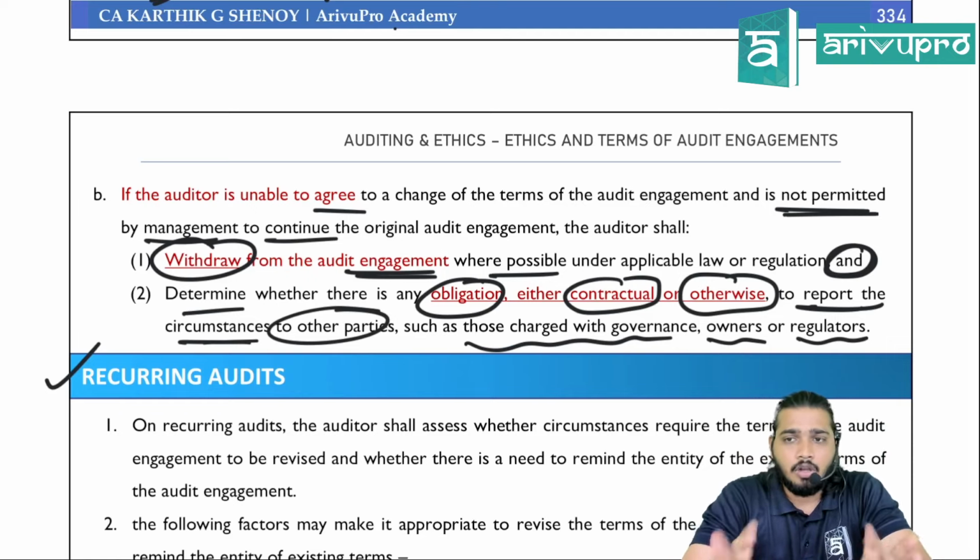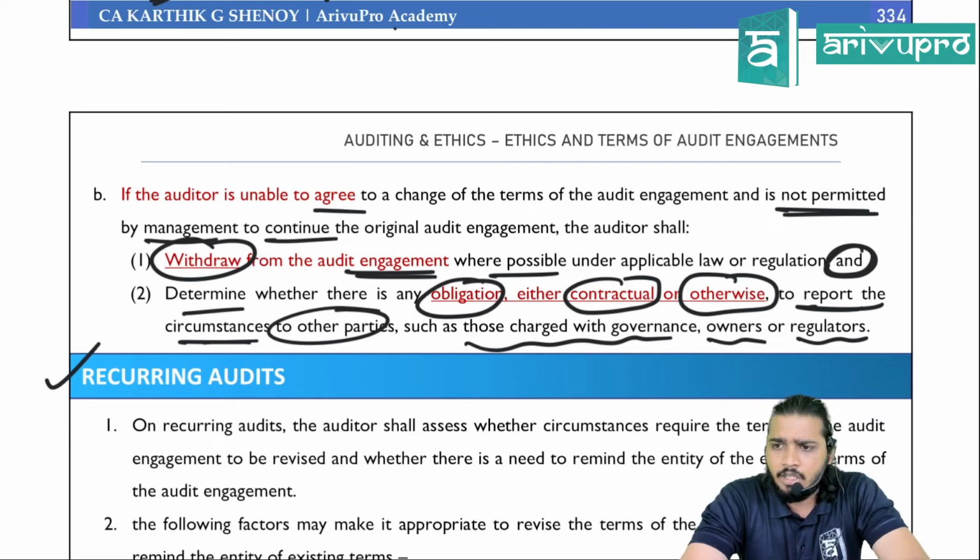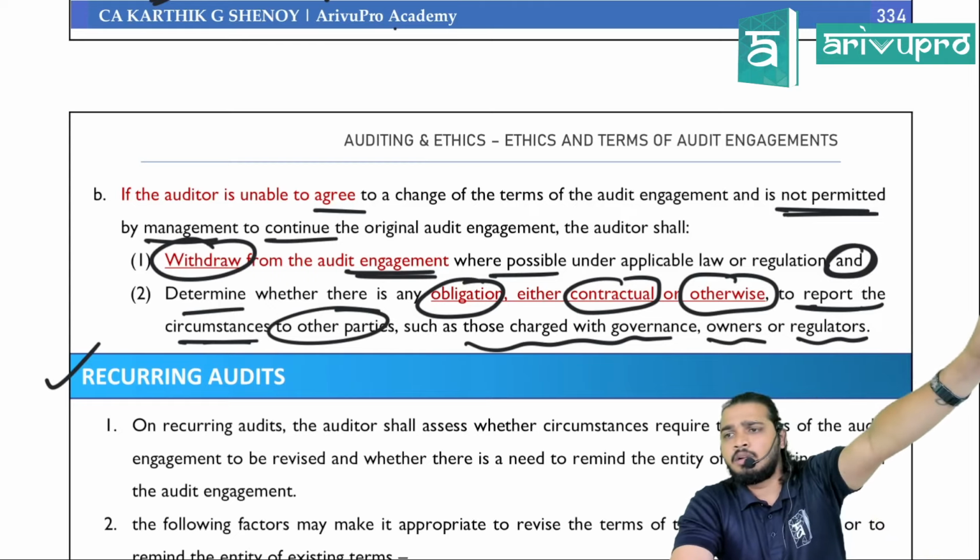We'll put a chart, it will be cleared. If I don't accept the new terms and I tell I will continue with the old terms only, they will not let me work. In such cases, withdraw from the engagement, go and tell people who have appointed you.